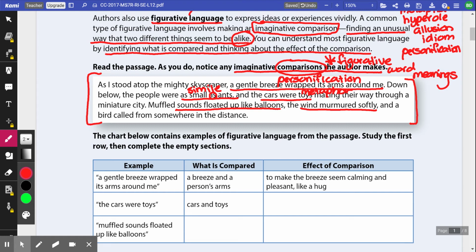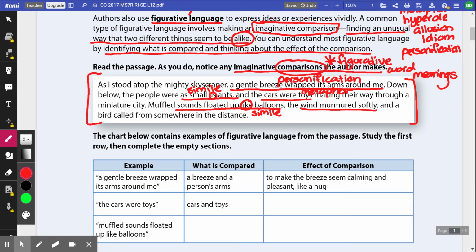So next, sounds floated up like balloons. So the sounds are floating to the sky like they were balloons. So it's comparing the sounds to balloons. And I know that this is a simile because it is comparing using the word like or as. And it has like in this one. So I circled that for us. So we know this is a simile.